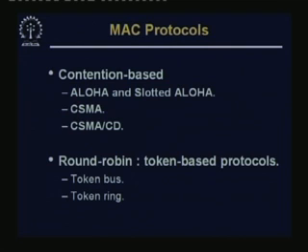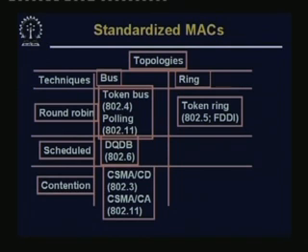And round robin, these are token based protocols, and two very common ones are token bus and token ring. We will be discussing these in this lecture as well as the next. So, we can sort of summarize. First of all, we can divide the networks into two types depending on their topologies. One is a bus type, that means some communication channel and everybody is connected to the same communication channel.